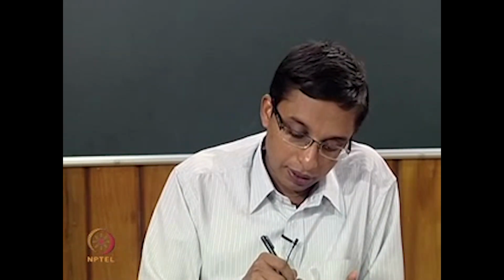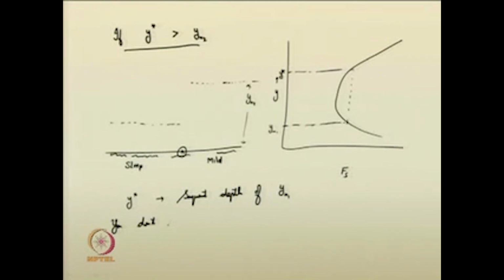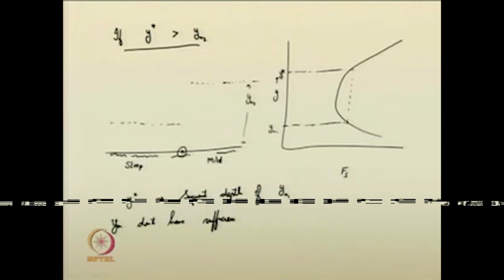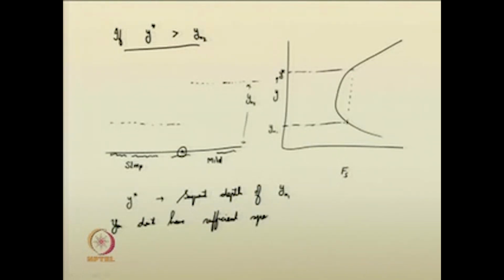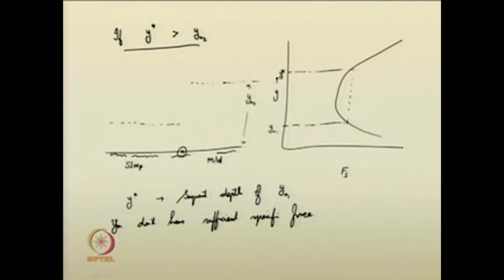Now, in this case, sufficient specific force is not available in the downstream section for the normal depth of the downstream section to cater the hydraulic jump. You do not have that sufficient specific force in the downstream section.